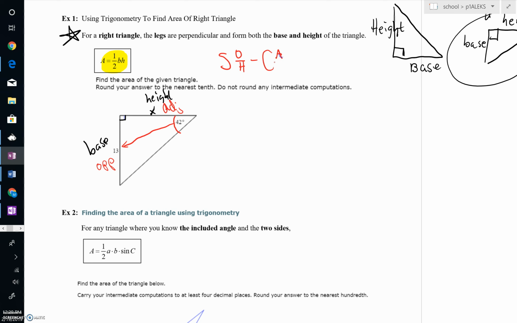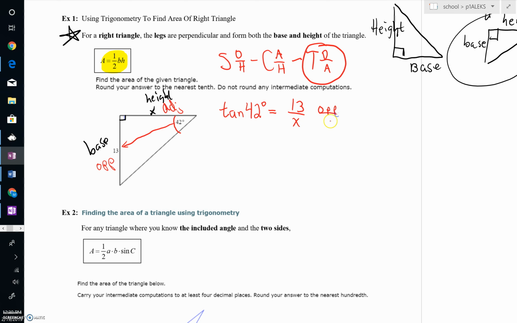Even this week, as we're venturing into the third component of this unit, we're still using SOHCAHTOA, and we have opposite and adjacent. Well, I hope at this point we can think of this as tangent, and we can have the tangent of 42 degrees is equal to, well, opposite would be 13, and adjacent would be x.